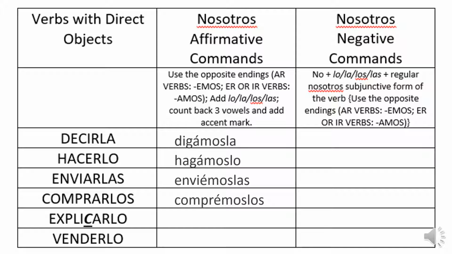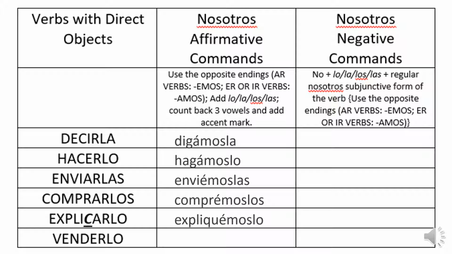Explicarlo. So if you say, should we explain this problem? Yes, let's explain it. It's an AR verb, so it's going to be EMOS. This is also a C to QU spelling change verb, and I made sure to mark it for you. So, expliquémoslo, EXPLIQU, E with an accent, MOSLO.